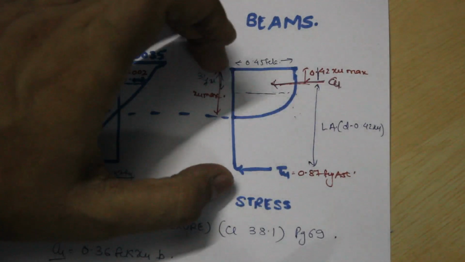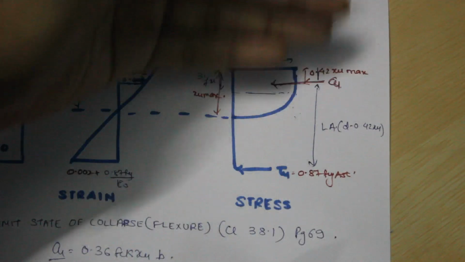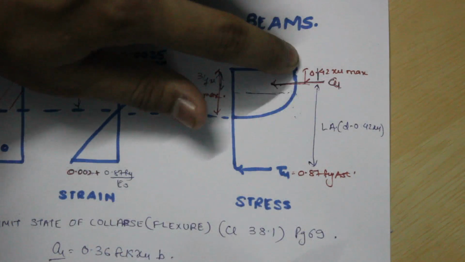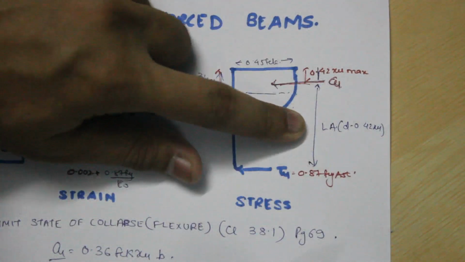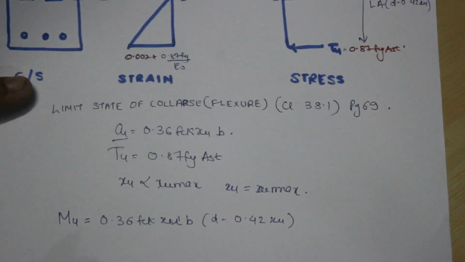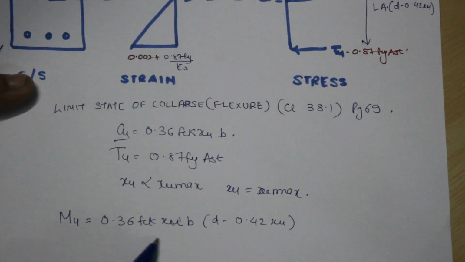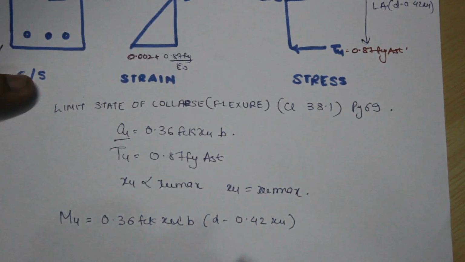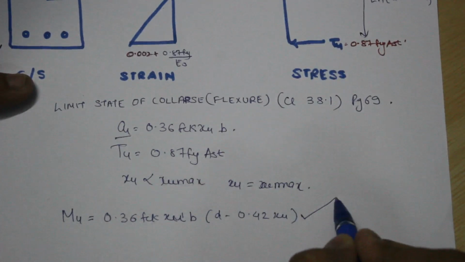This is the total effective depth of the beam. If we deduct this part, you get the lever arm as D minus 0.42 XU. So your ultimate moment of resistance for the beam will be given as 0.36 FCK XUB (D minus 0.42 XU). This will be important for designing purposes.